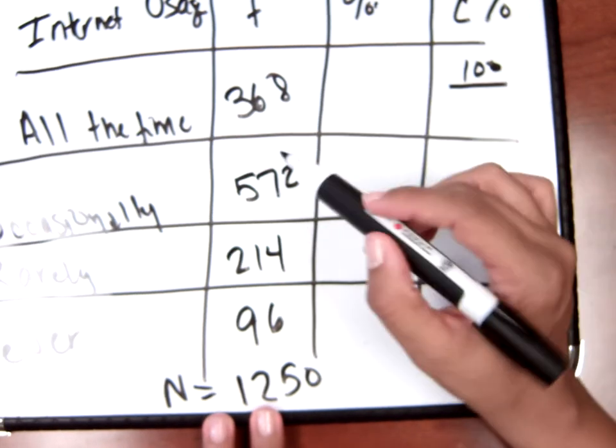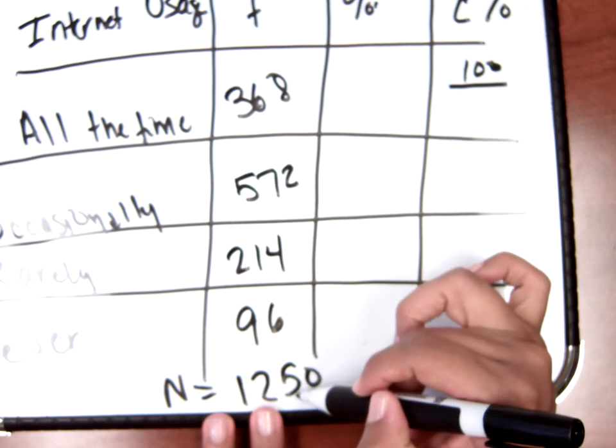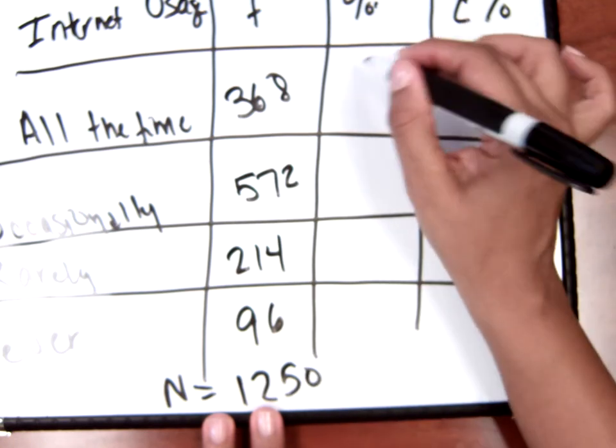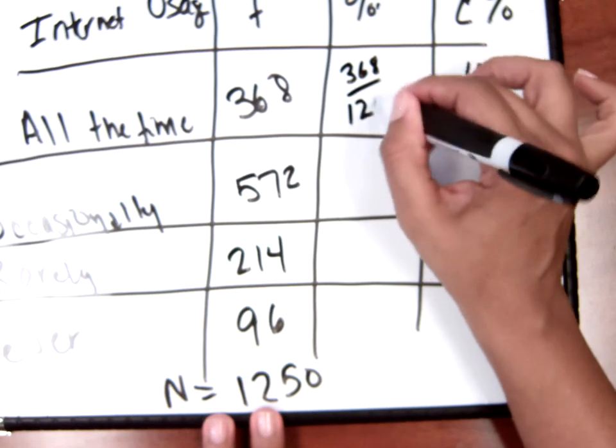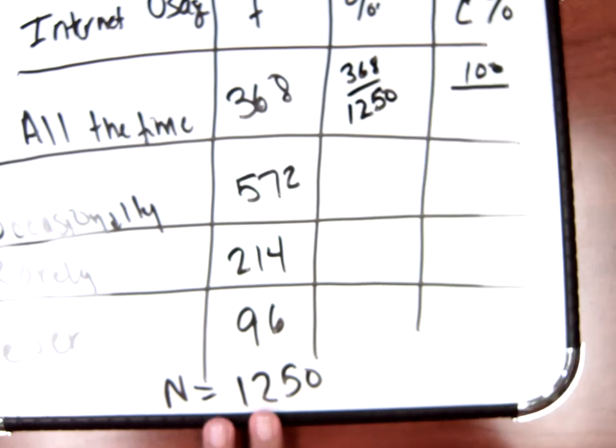So all you have to know is, what is your F over your N? So 368 divided by 1250 is the fourth column here. When I do the math on that, I'm going to find out that that is equal to 29.4.